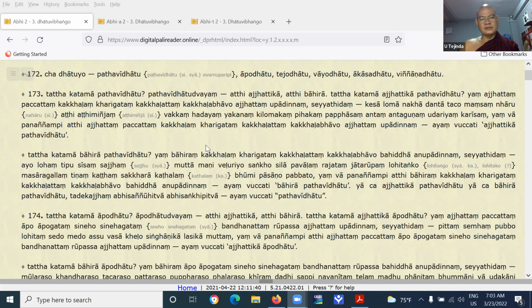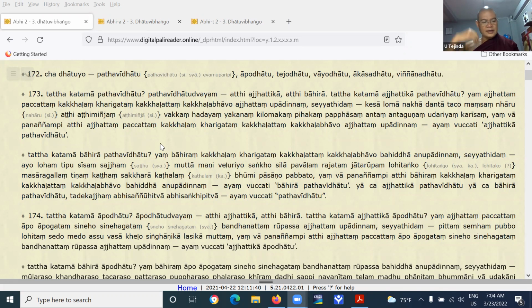Pathavi dhatu are 2, internal pathavi dhatu and external pathavi dhatu. Regarding internal and external, the Atthakatha also explained. But before we go there, I want to go through the Pali first. So we read the Pali first, then we read the Atthakatha and tika, if necessary.